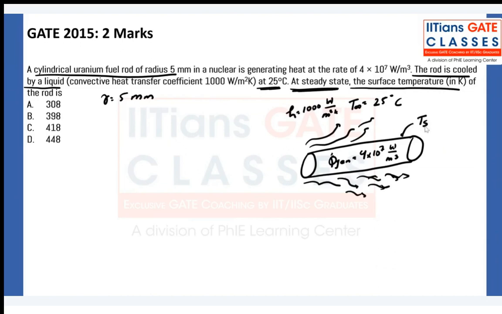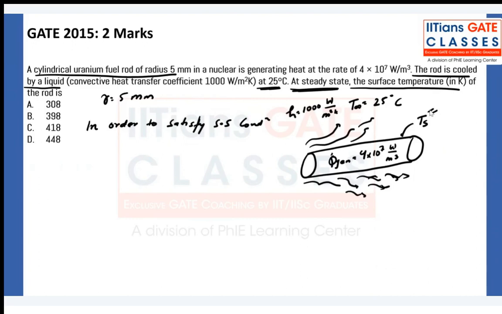Now you tell me, in order to satisfy steady state condition. Steady state means what? The temperature of this surface will not change with respect to time. If you see after 1 minute, after 10 minutes, after 15 minutes, it will remain same.